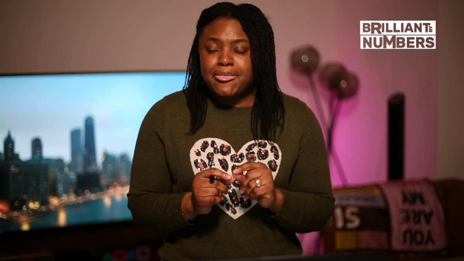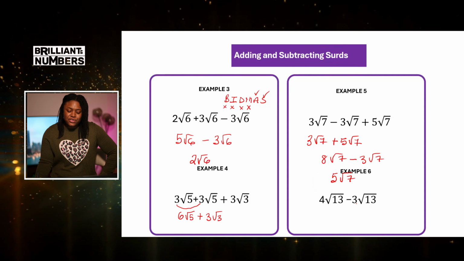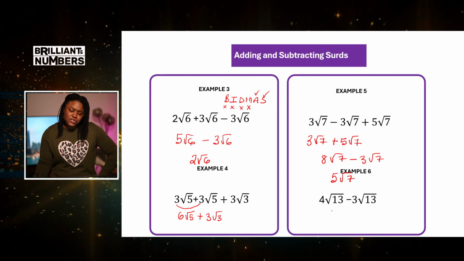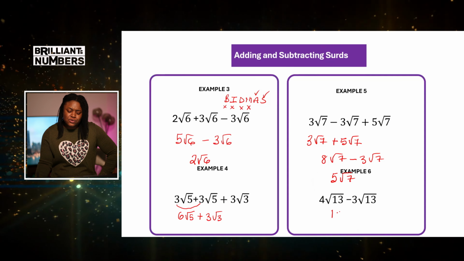Okay, our last example here is 4 root 13 minus 3 root 13, and I've specifically put this example here just to remind you that there are times when there will not necessarily be a coefficient before the root, and that's because the answer is 1. So 4 minus 3 is positive 1. I'm just going to write positive 1 common root 13.